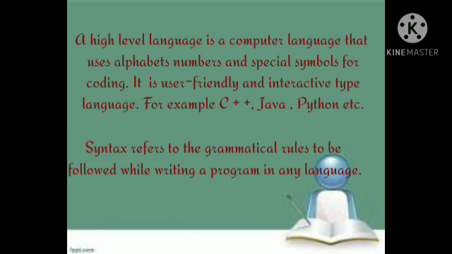It is a user-friendly and interactive type of language, for example, C++, Python, Java, etc. Now, syntax refers to the grammatical rules to be followed while writing a program in any language.